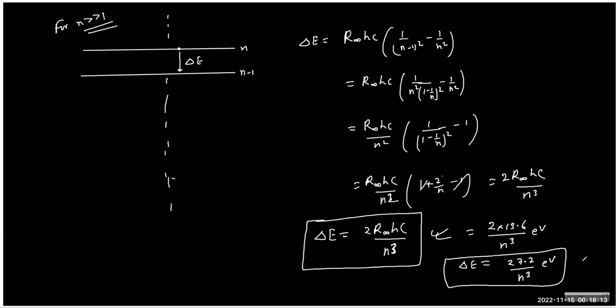So if someone asks you to find the energy released between two transitions, let's say 100 and 99, a simple question, so I should put n as how much, guys?